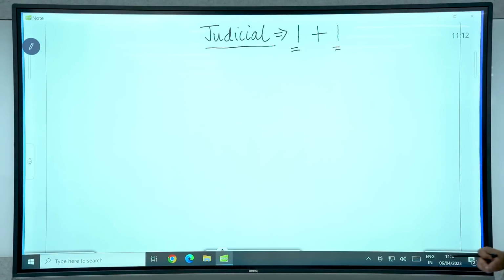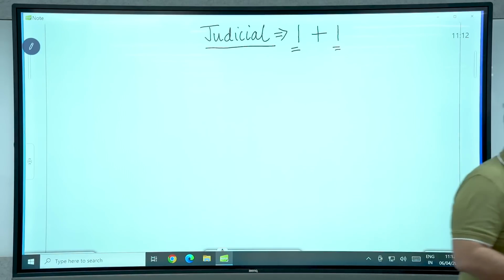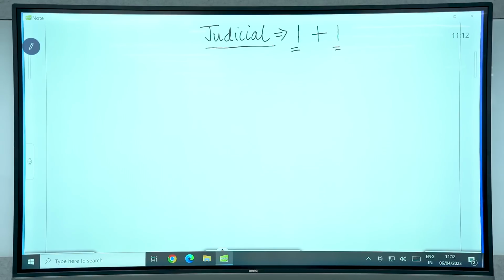Under no circumstances is our judiciary completely independent and completely integrated. It is mostly independent and it is mostly integrated in comparison to the other branches of the government, in comparison to the legislature, and in comparison to the executive. The judiciary is far more integrated and it is far more independent. But to say that the judiciary is completely independent or completely integrated is something which would be wrong.